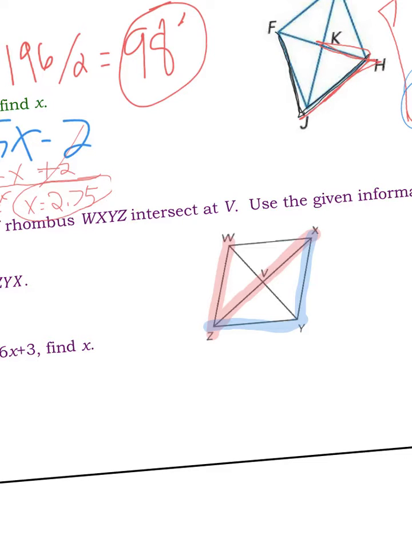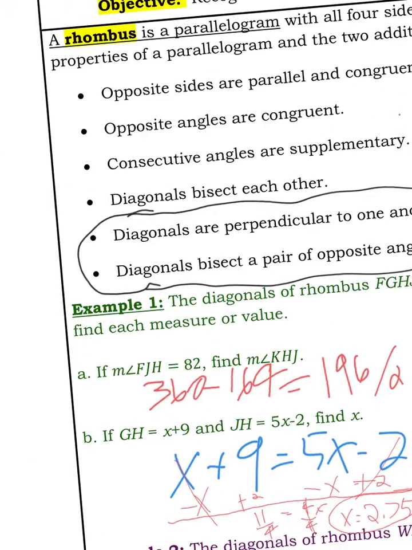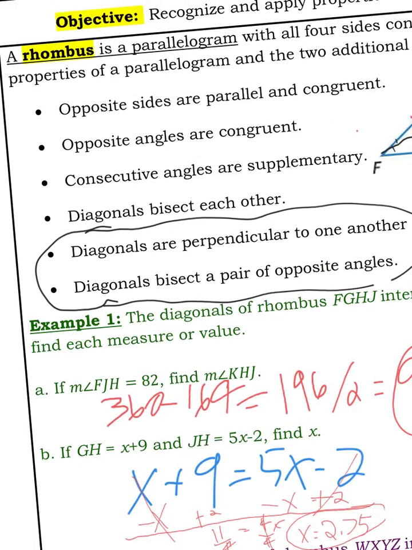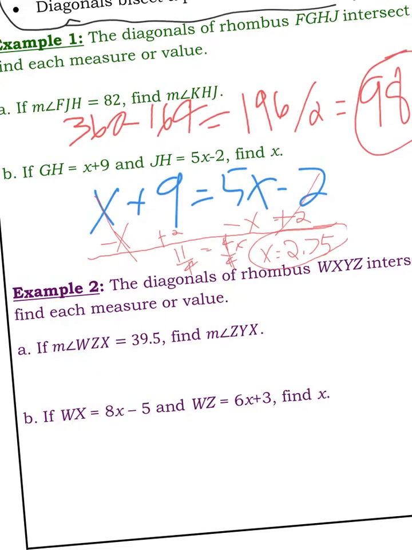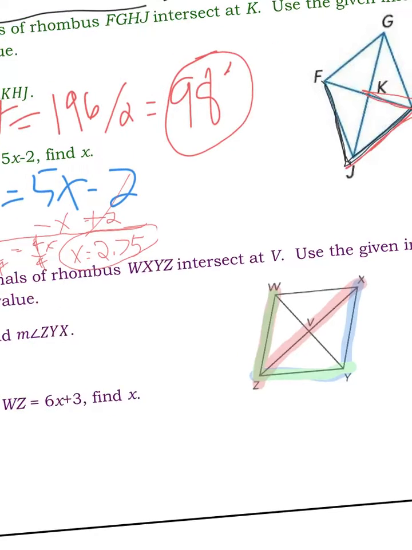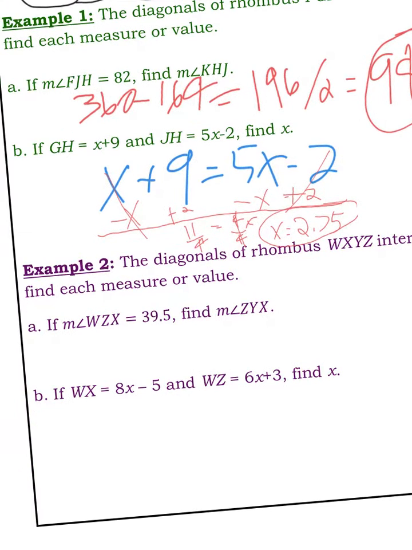Okay. So, what do I have? I have a tiny angle, and I'm looking for a big angle. It would be more helpful to me if I knew what WZY was. And really, you just got to know that the diagonals bisect a pair of opposite angles, meaning if WZX is 39.5, then WZY is, I'm just going to double that.